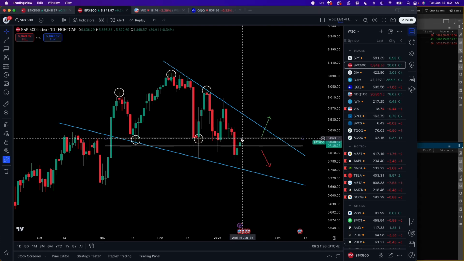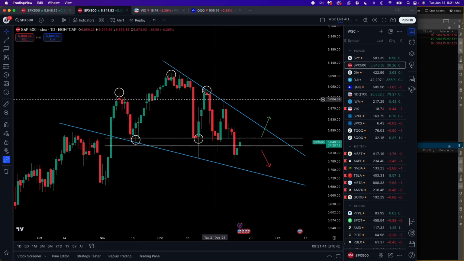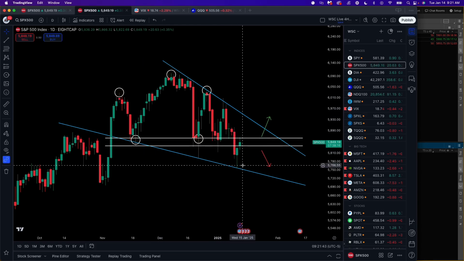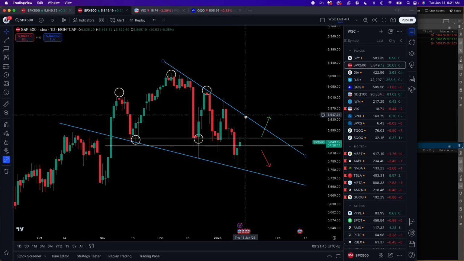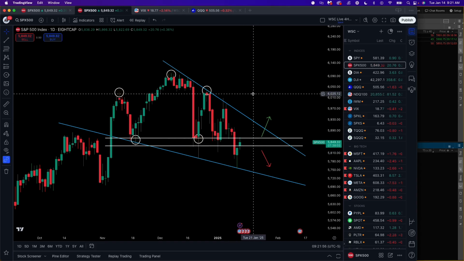If we break above 5,860, this pattern would become invalidated. This would have been a bear trap, and we would be continuing this recovery to resistance somewhere around 5,950. That would be another 100 point move for the S&P 500, a 10-point move for SPY.